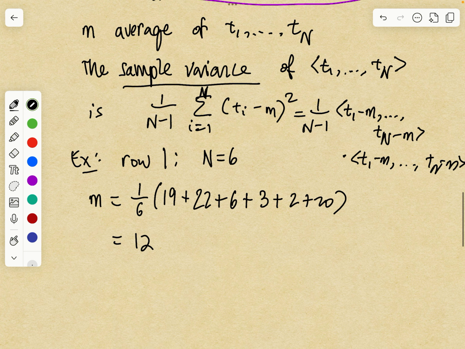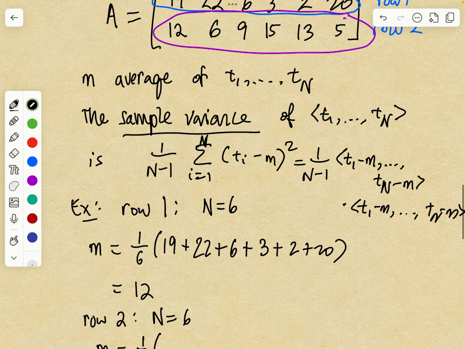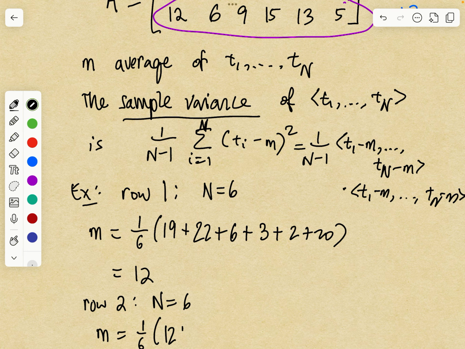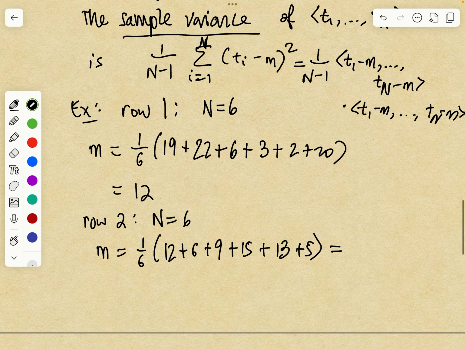In row 2, again I have n equals 6, and my mean is 1 over 6 times this sum, 12 plus 6 plus 9 plus 15 plus 13 plus 5 equals 60. 60 over 6 is 10. So I should subtract 12 and 10 from each row.